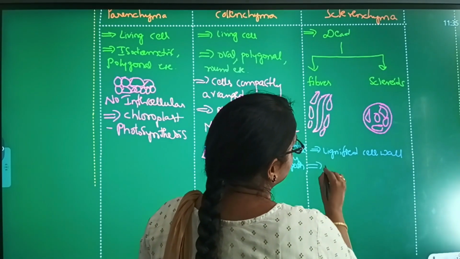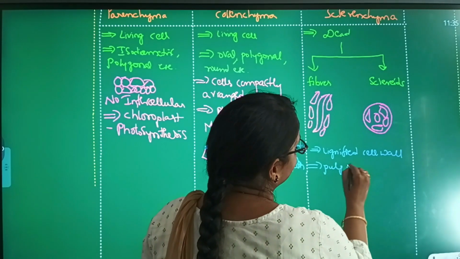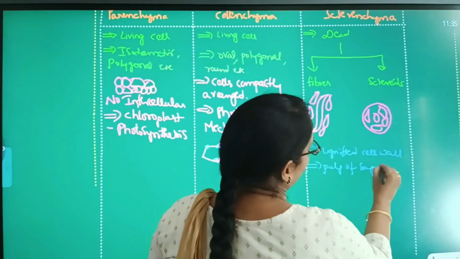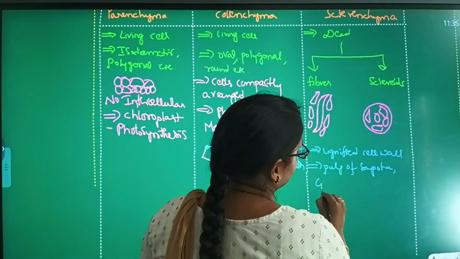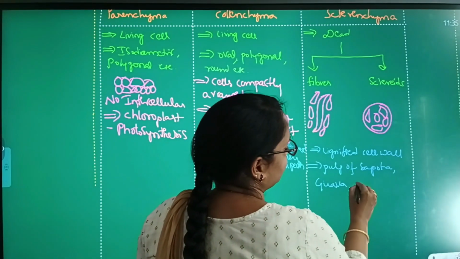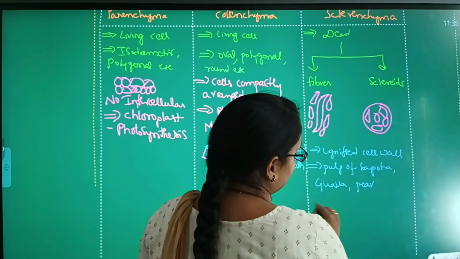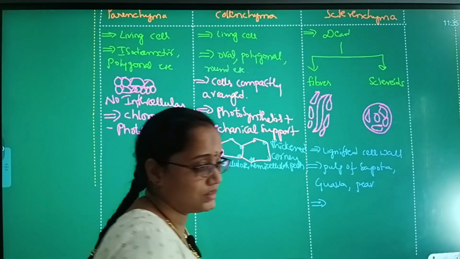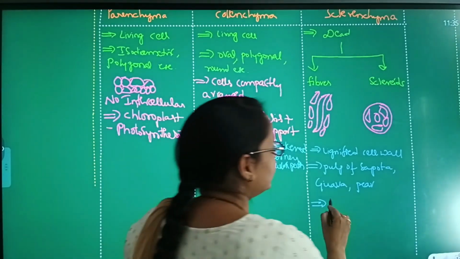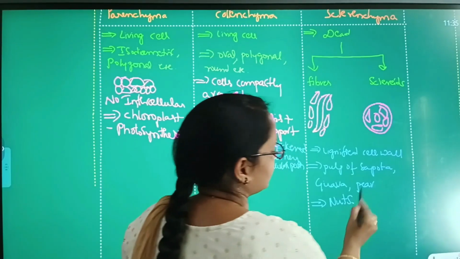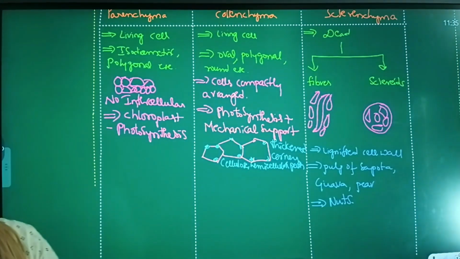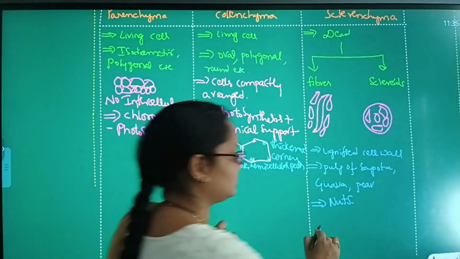They form the pulp of sapota, guava, pear. This is also found in nuts, and in the leaves of tea.